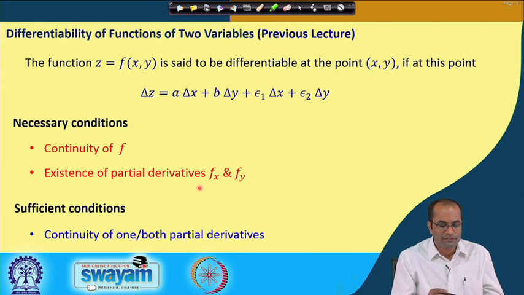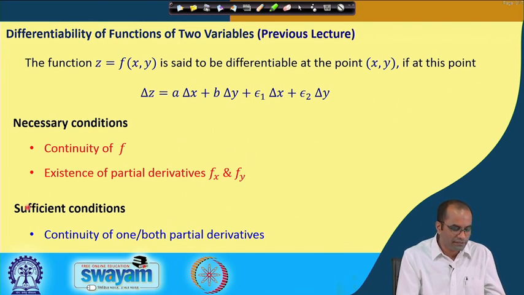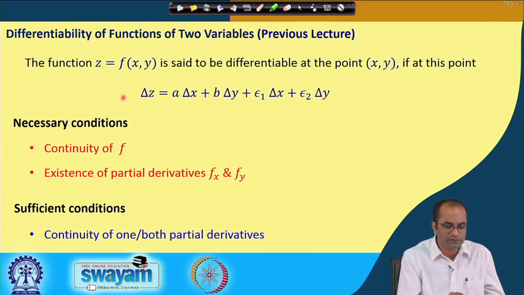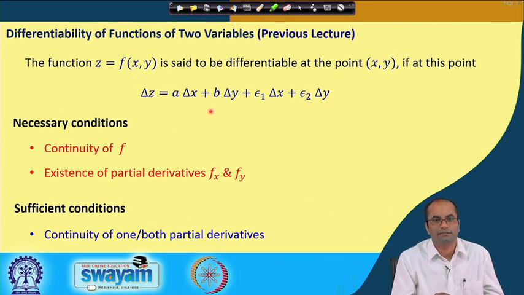So, to prove differentiability, either we can use these sufficient conditions, so if the partial derivative is continuous, then we can claim that the function is differentiable, or we can test the definition directly. So, we have to express this delta z in terms of delta x and delta y in this form, and then we can claim that the function is differentiable.